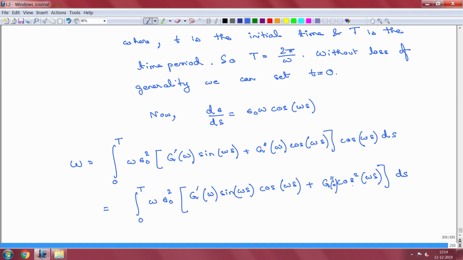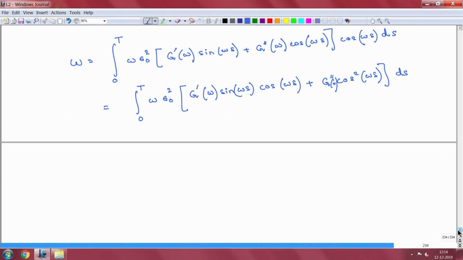Over a time period, the cosine square, because it is a square, is always positive, so this term will not vanish, but the term associated with g dash will vanish. So, in the work done, only g double dash will be contributing, and you can see that without even doing the full algebra, right.